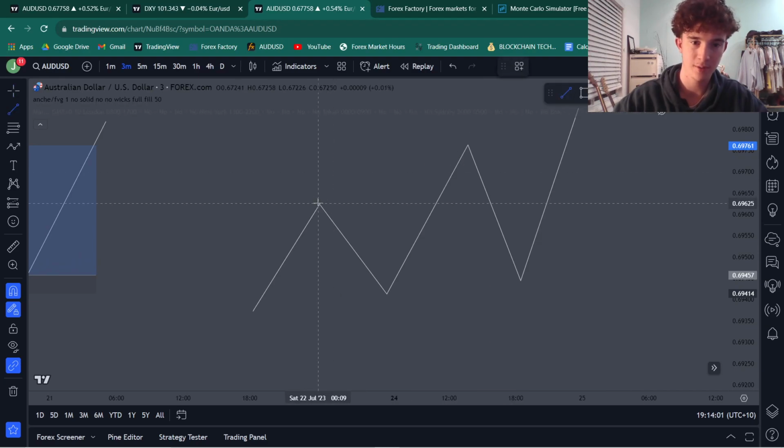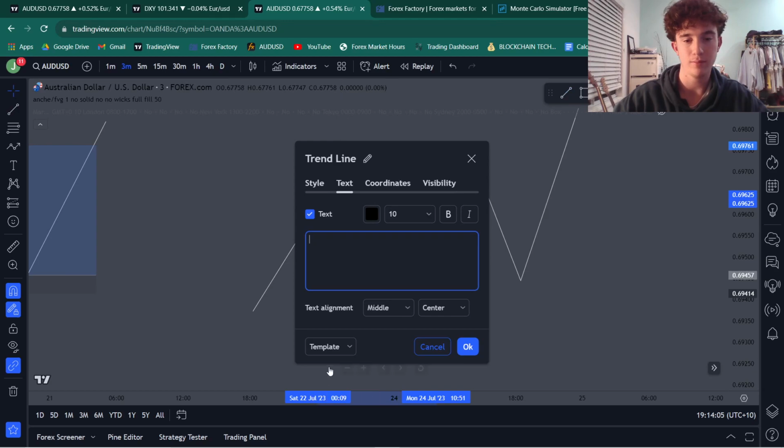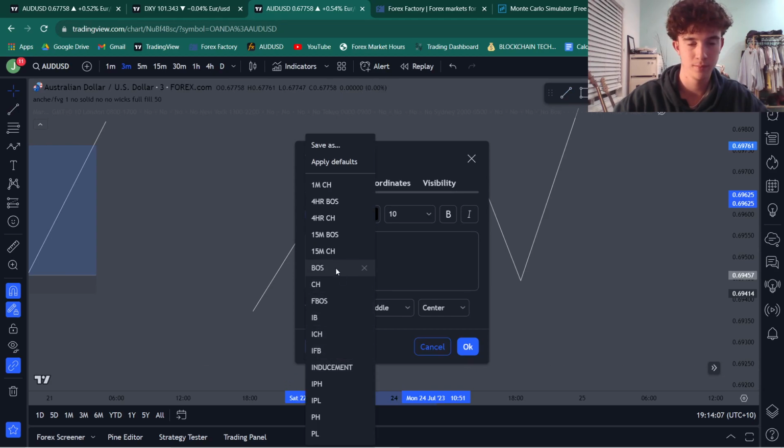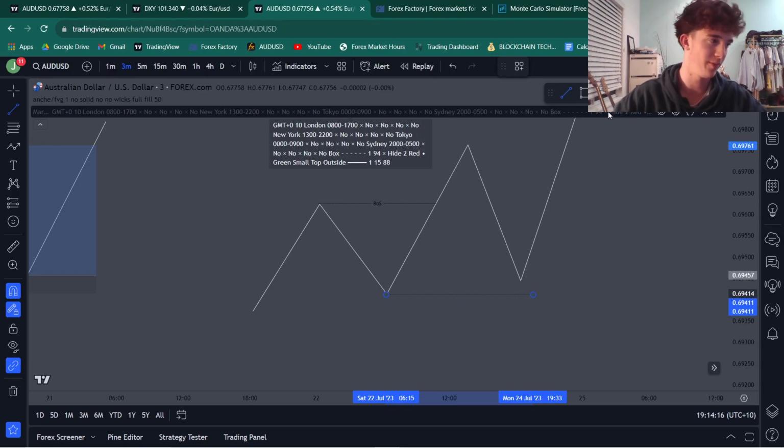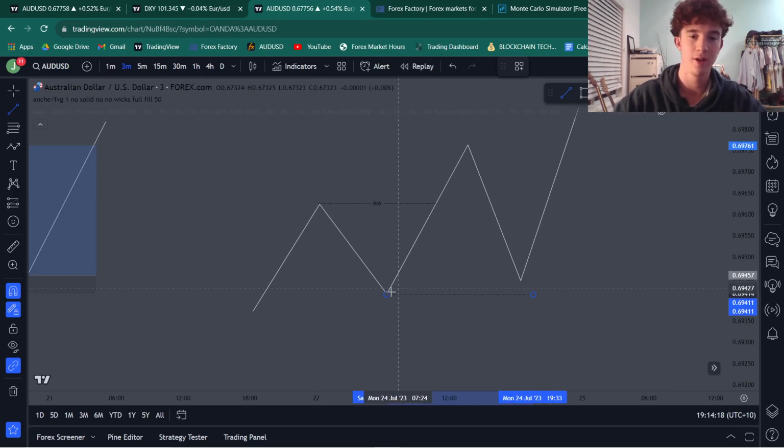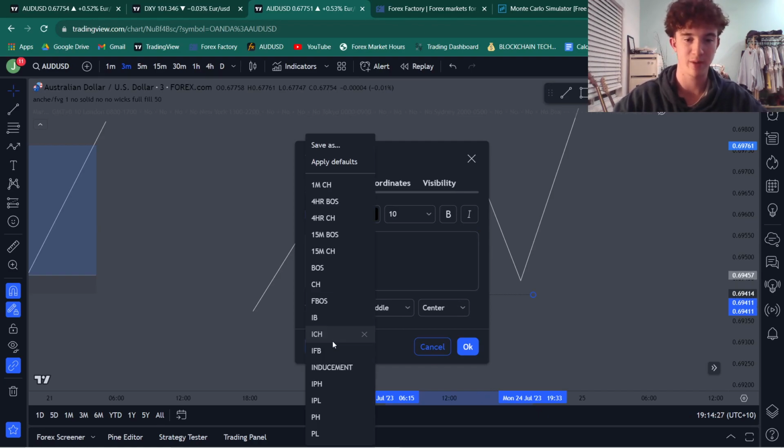We have a break structure, and a protected low. And these setups can be the same for downtrends. So if it's a downtrend, it's protected highs and break structures down. It's just an uptrend, and you can just flip it for a downtrend basically.